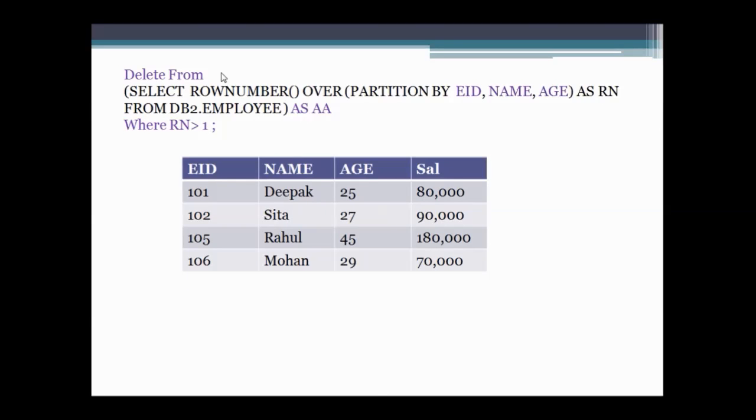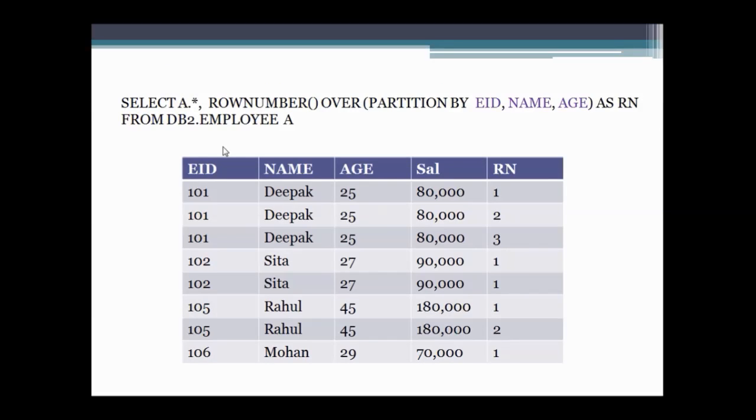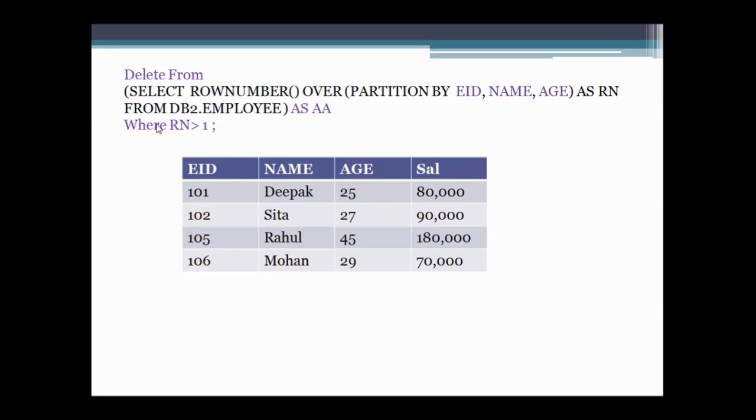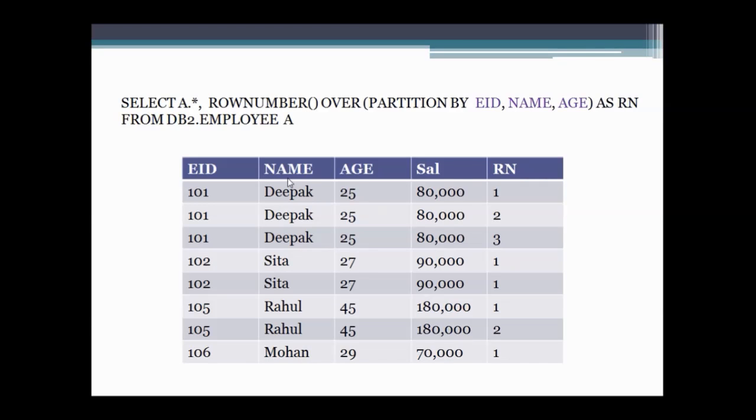Now we will write a delete query on top of the query which we have written here, and we will say wherever row number is greater than 1, delete that row. So if you see here, this one has row number 1, this one has row number 1, this one has row number 1, and this one has row number 1.